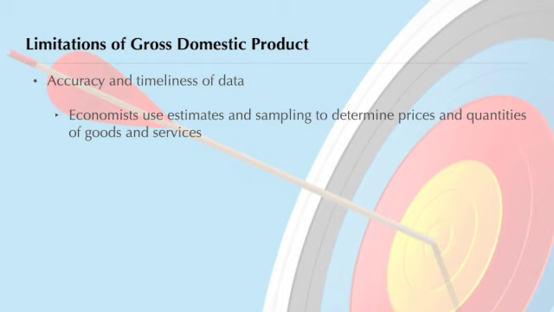Although GDP is the most common measure of the state of a nation's economy, it is not an entirely accurate measure of output and economic growth. To properly interpret GDP and other national accounts based on it, one must understand its limitations. When computing GDP, economists use estimates and sampling techniques to determine prices and quantities of goods and services. Gathering the necessary data is a slow and time-consuming process.